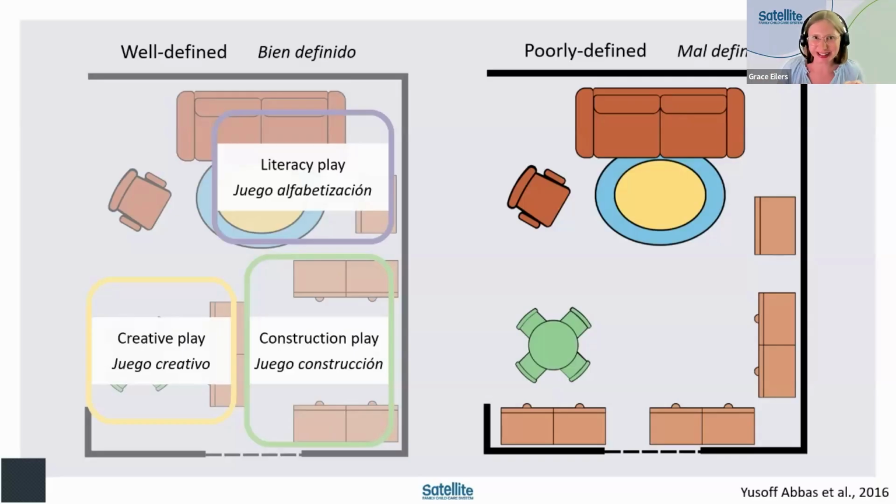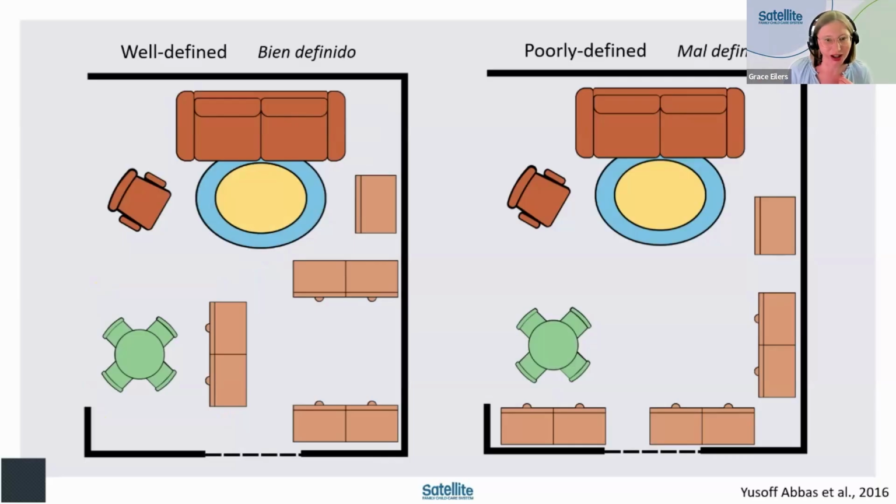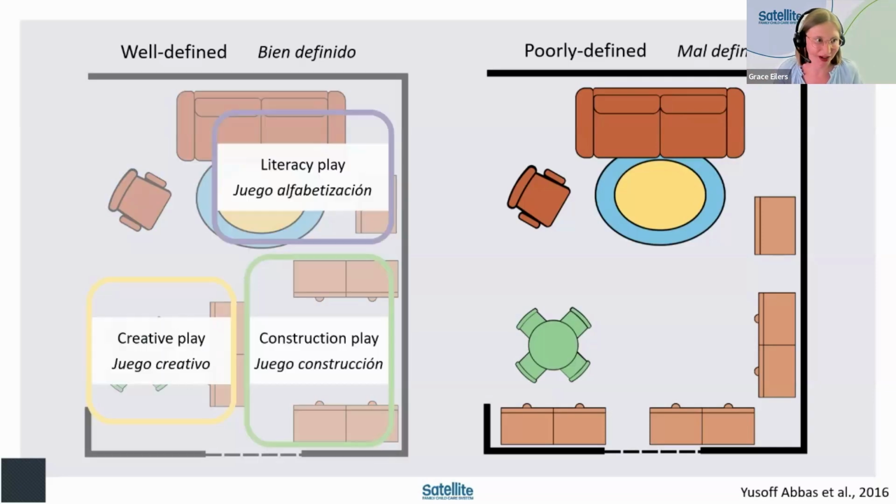There's nothing wrong with children doing that, but these boundaries are going to help children's behavior and their deeper play. So you can see how just a few changes of swapping furniture around, just swapping where your shelves are located, can help create those visual spatial boundaries for children.